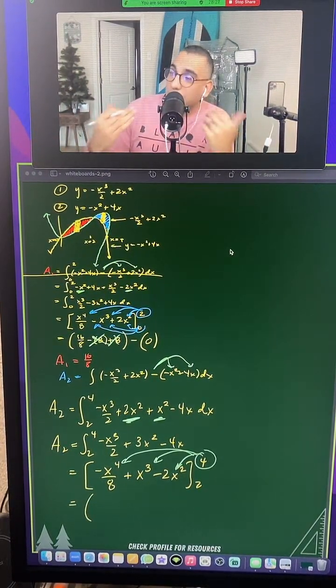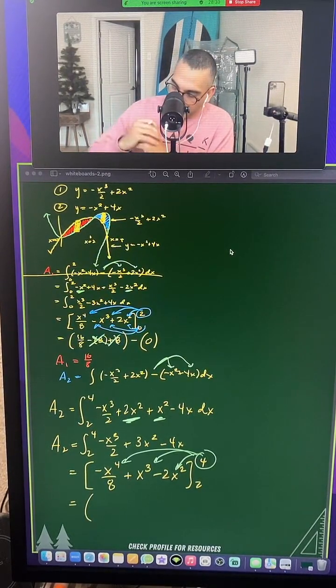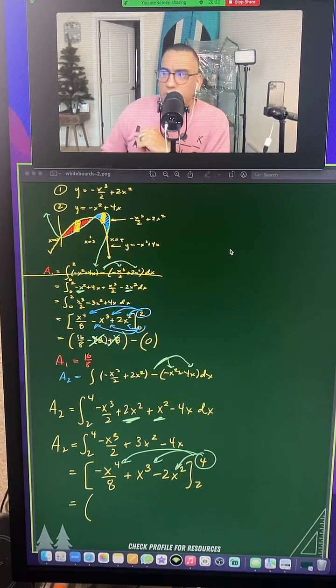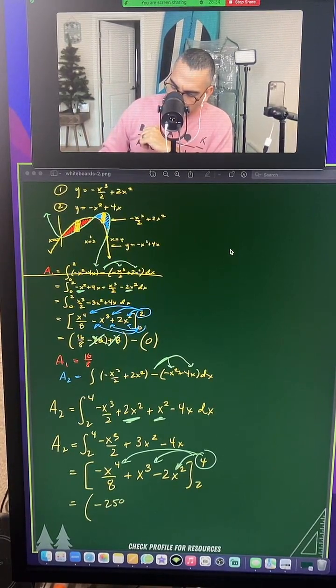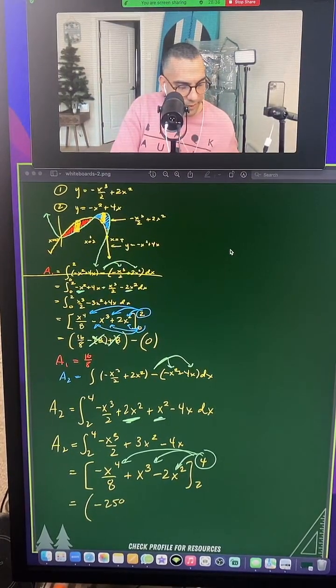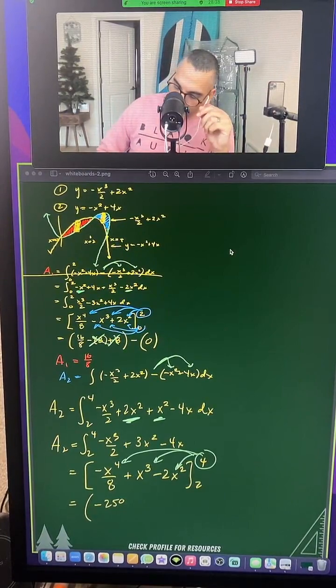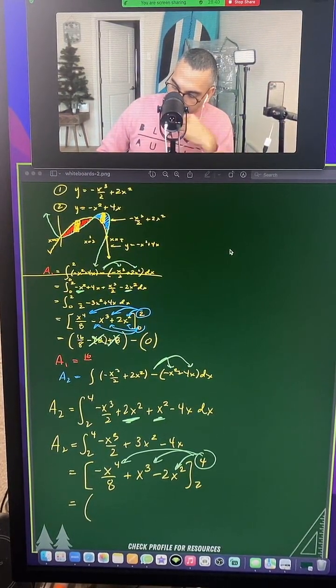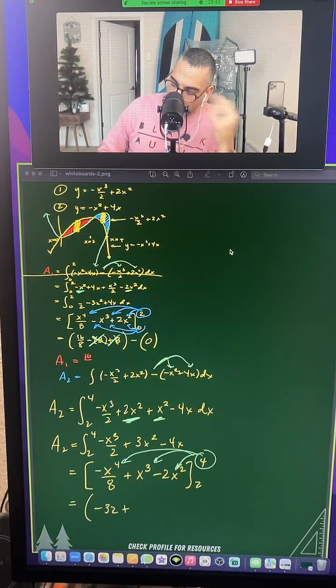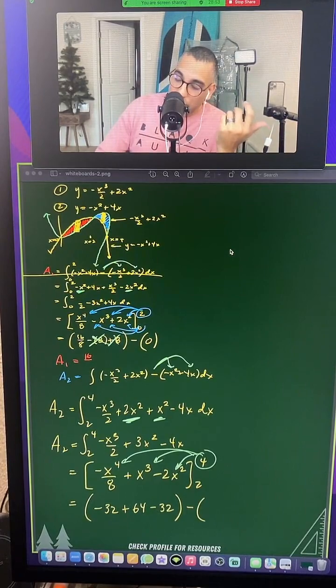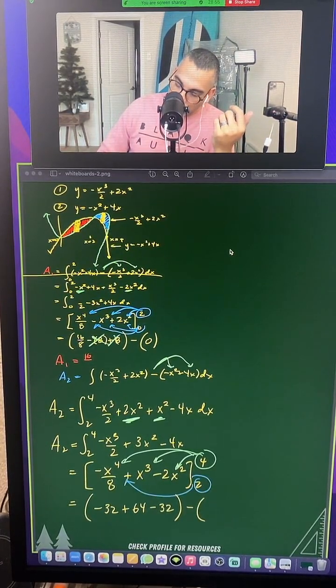For the first one, when I plug in that 4, it's going to be negative 256 over 8. And I think we can simplify that already, right? Negative 32. So let's just do that now. So this is negative 32 plus 64, because that's the 4 cubed, minus 2 times 4 squared, which is 16. So minus 32. Okay, minus... And this time we don't have a big fat 0, so we have to plug in the 2 into everything.